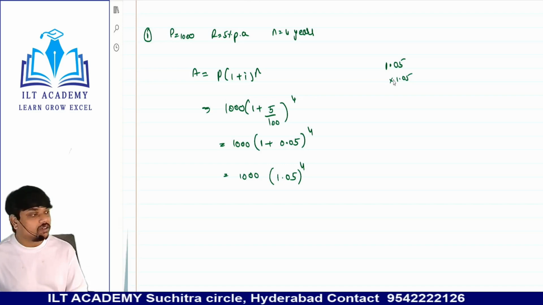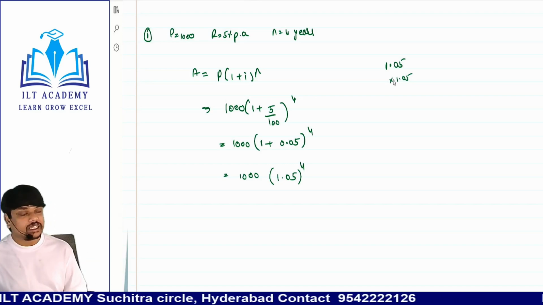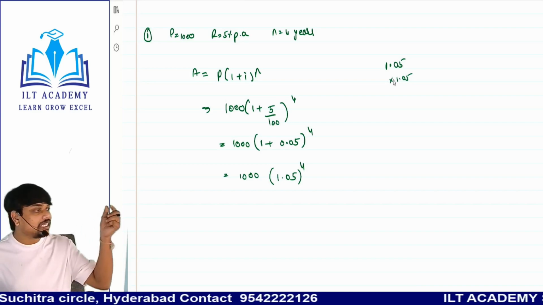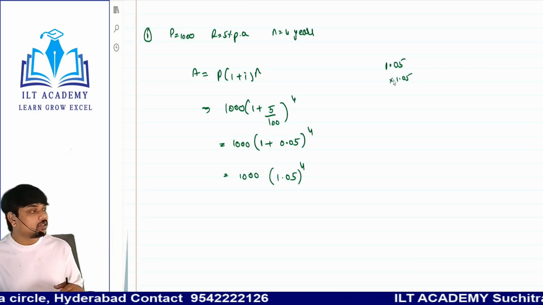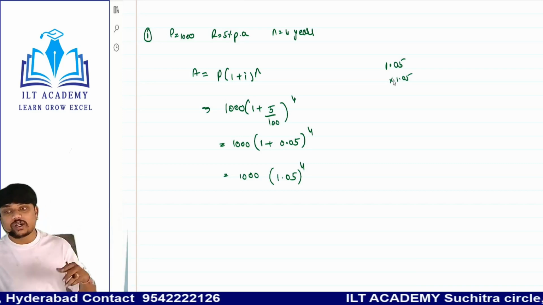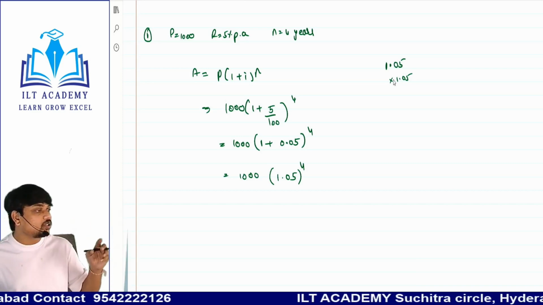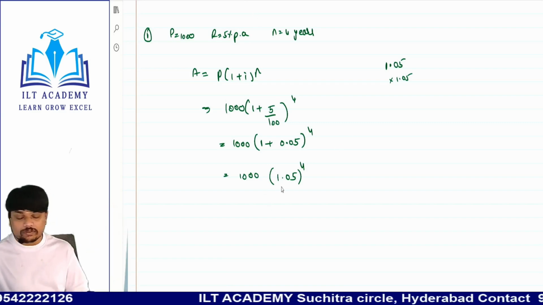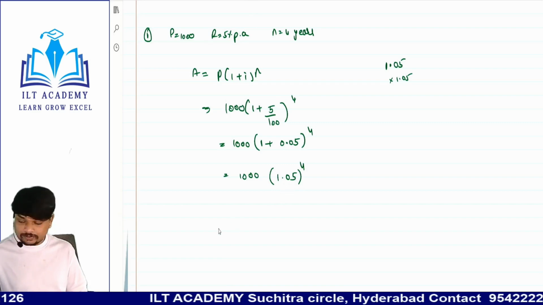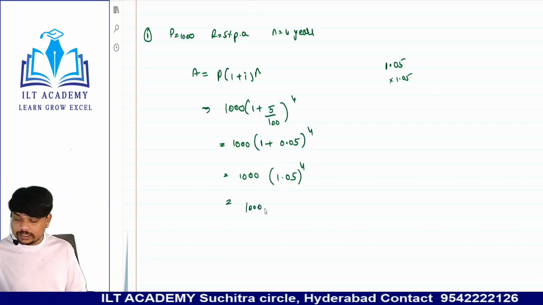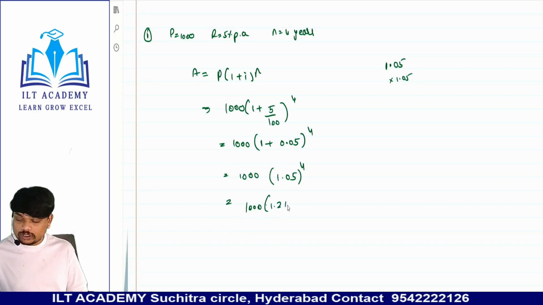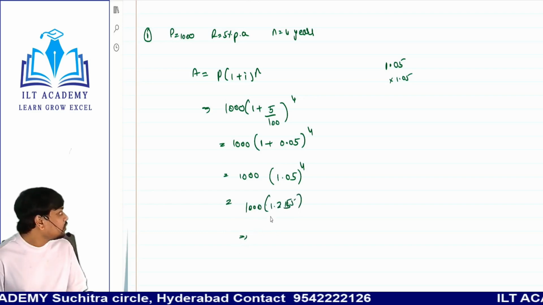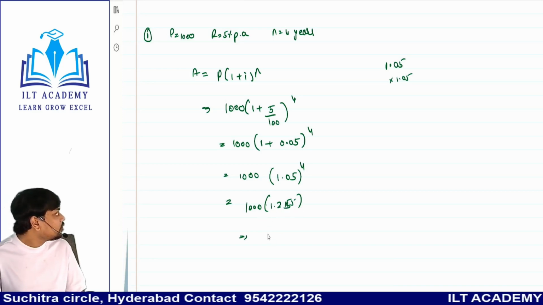Press equals, and you will get the value for 2 years, and the calculator shows the digit 3. For 4 years, you are not going to multiply by 1.05 again. Instead, press equals until the 5 appears in the calculator. So the amount is 1000 into 1.05 whole power 4, which is 1.2155.